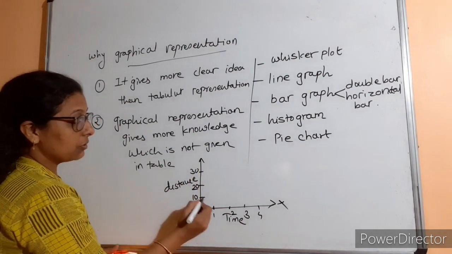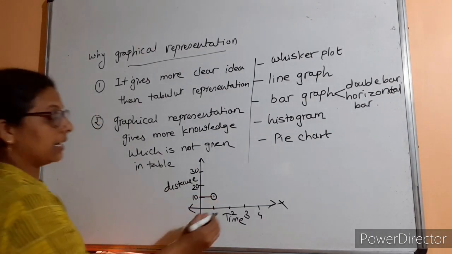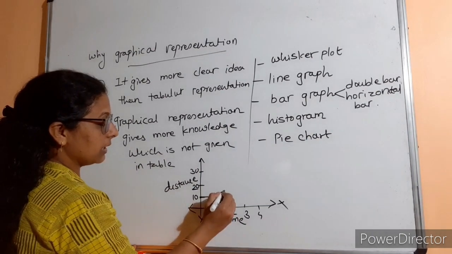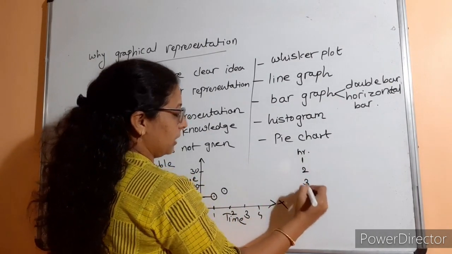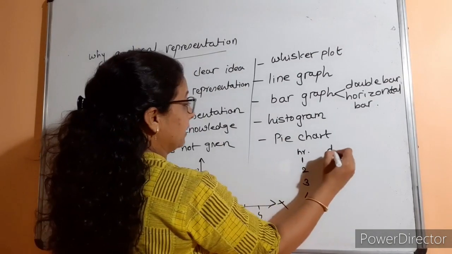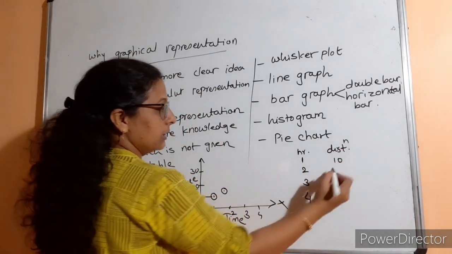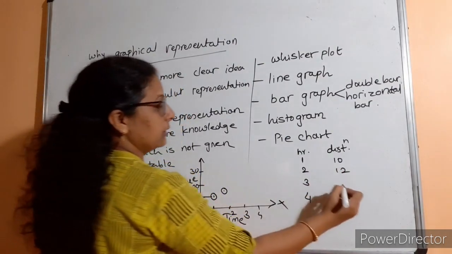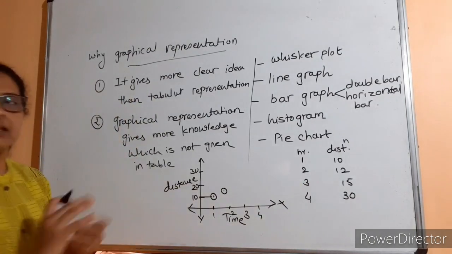Now at 1 hour the object is here, at 2 hour the object is here. The distance traveled is 10 kilometer, then 12 kilometer, then 15 kilometer, then 30 kilometer. Like this.